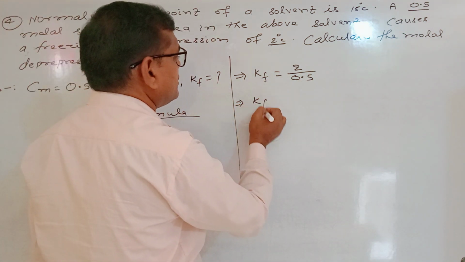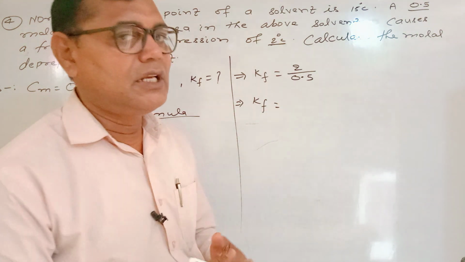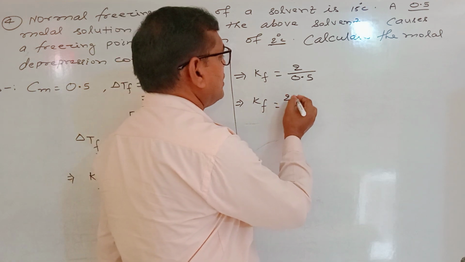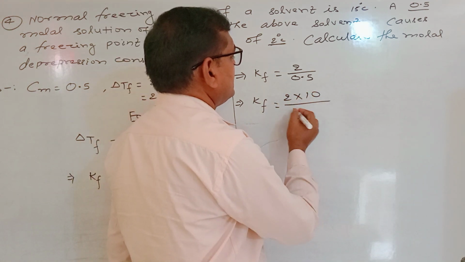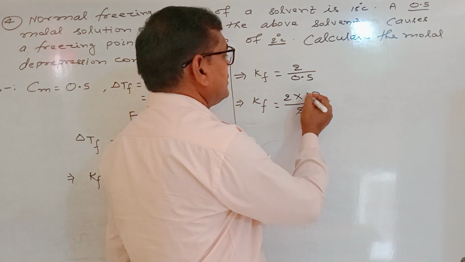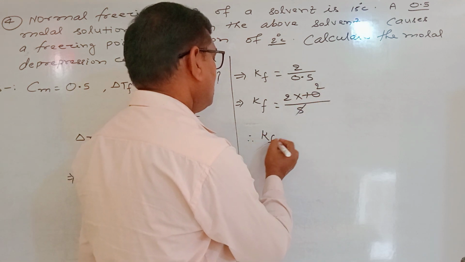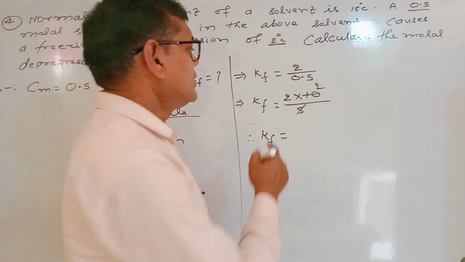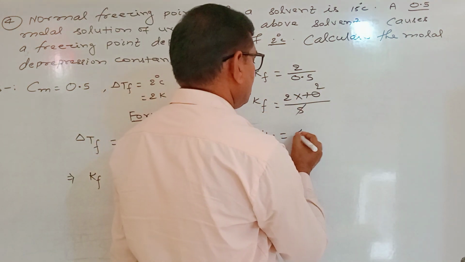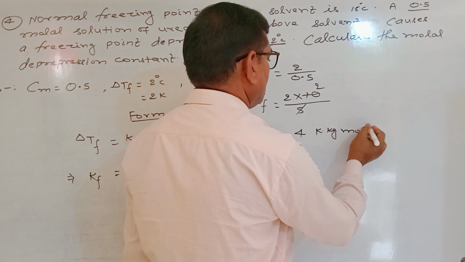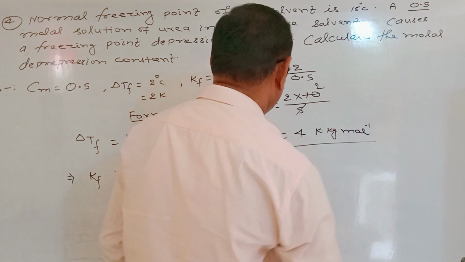We remove the decimal point and we write upper 10, lower 5. It is cut out by 2. Therefore, the value of Kf we calculate 2 and 2. We get 4 Kelvin kg mole inverse. It is the answer.